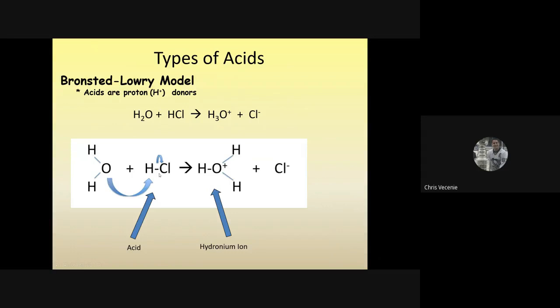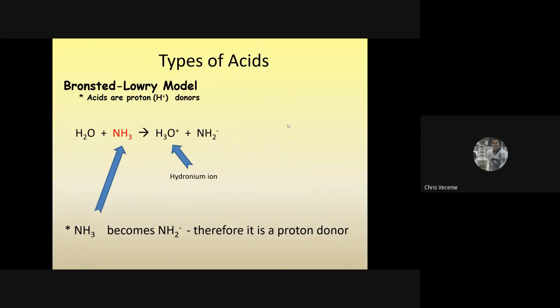So what will happen is you get an acid like hydrogen chloride, hydrochloric acid, and a highly electronegative element comes over, wants to form a bond with this H. The H leaves and the electrons stay, and that's what makes HCl an acid. It donates its H to that water, and because it creates the hydronium ion, it is also an Arrhenius acid. And we looked at a few examples of those.